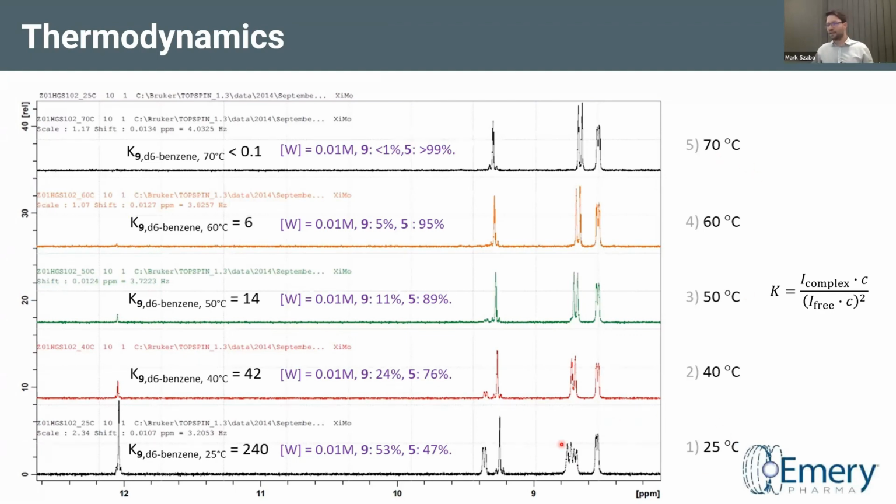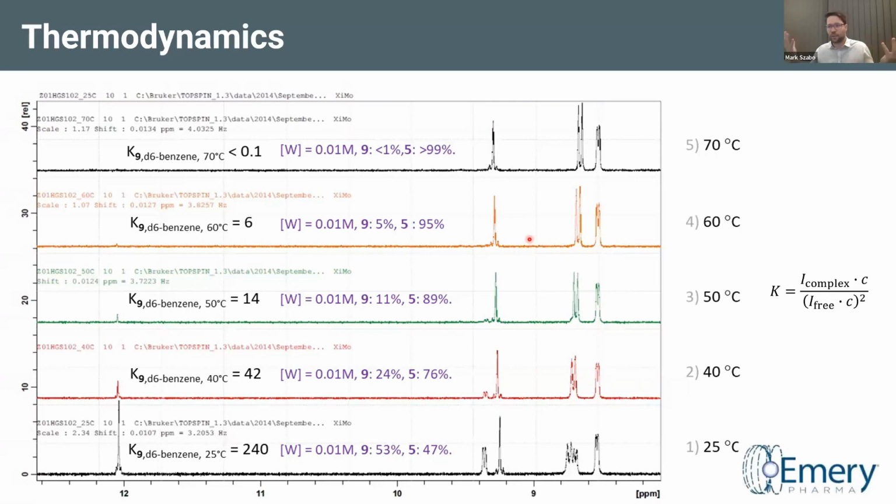And what you can see here is that here is the signal of the free complex, so the free 14 electron species. This is actually kept at constant intensity. But as you can see, when we heat up the sample, there is less and less complexed 18 electron species, and the system is more dissociated.